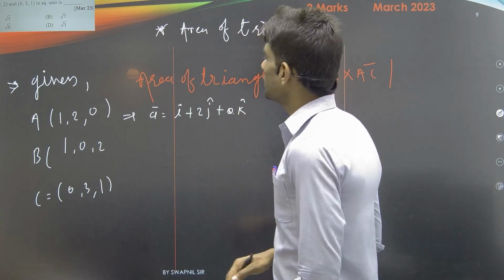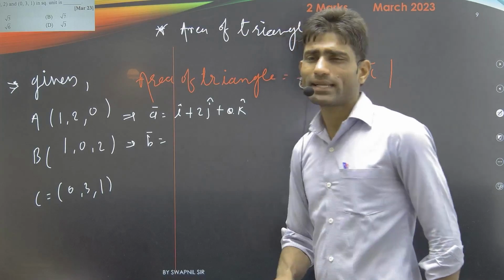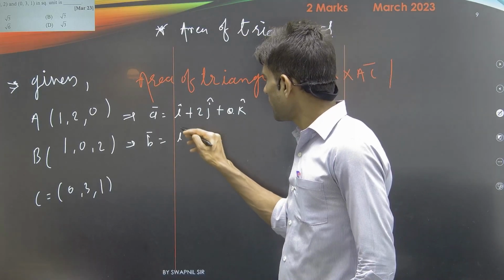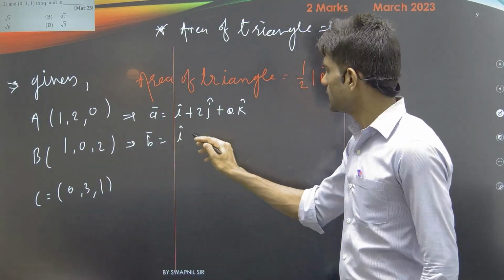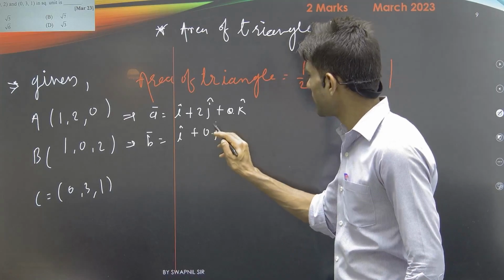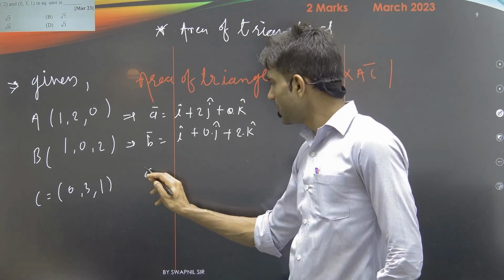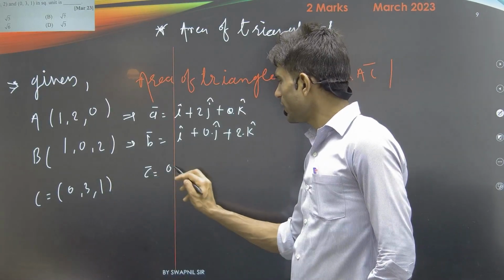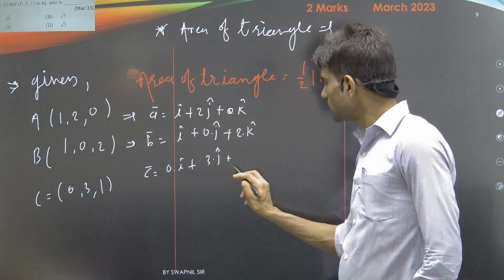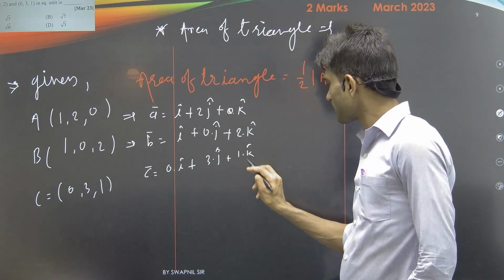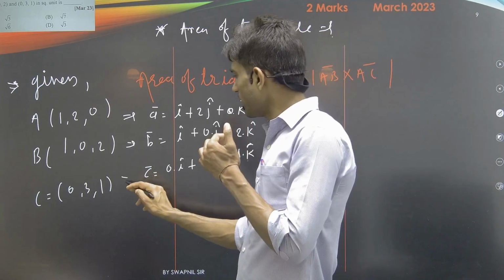Similarly for B, the position vector b bar is i cap, because 1 multiplied by i gives i cap, plus 0 times j cap plus 2 times k cap. Similarly the position vector c bar is 0 times i cap plus 3 times j cap plus 1 times k cap. These three are the position vectors of our given vertices.